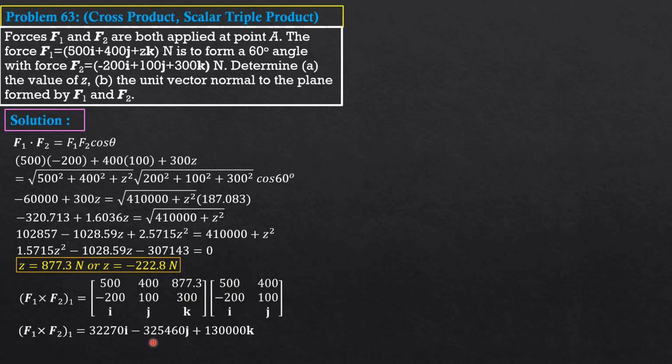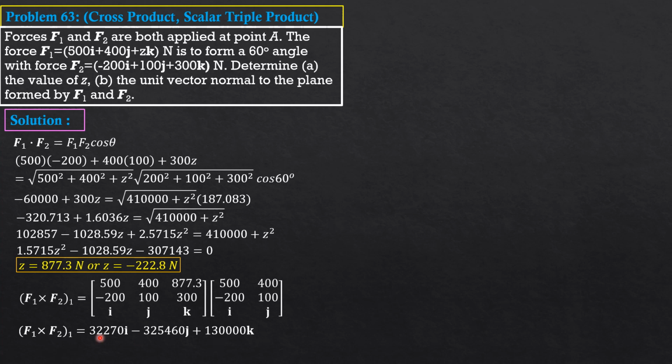Check if it is negative 325,460 J. Then for K, 500 times 100, then minus negative 200 times 400, so plus 500 times 100 plus 200 times 400. It is 130,000 K.